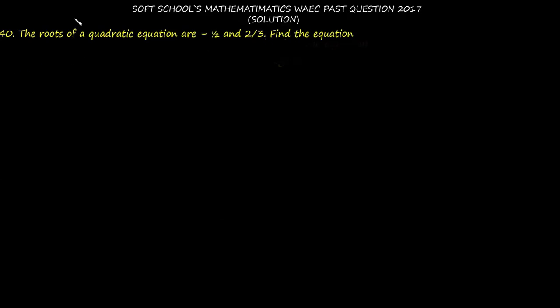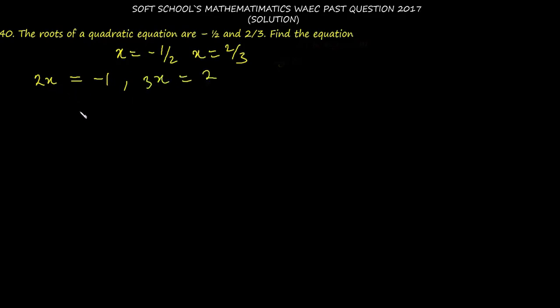Question 40. The roots of a quadratic equation are minus half and 2 over 3. We start from x is equal to minus half, x is equal to 2 over 3. When you cross multiply, you have 2x is equal to minus 1, and 3x is equal to 2.